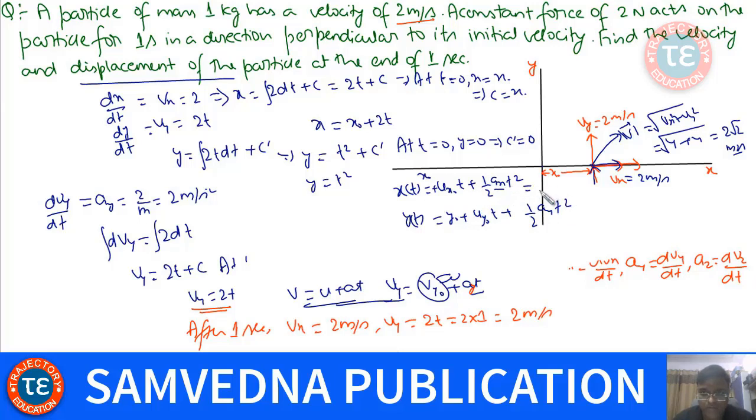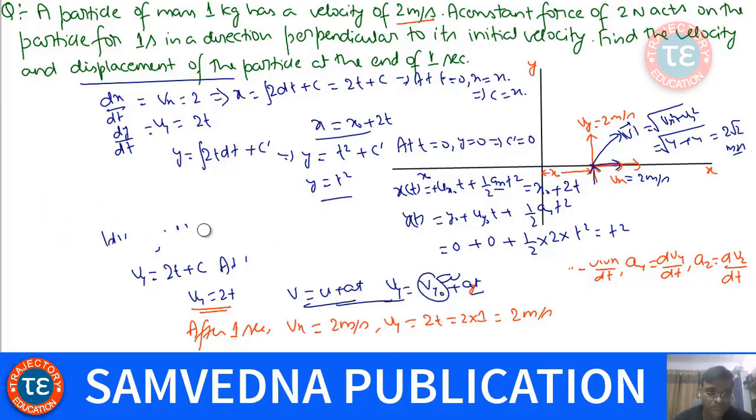So in x direction there is no acceleration, so this will become x naught plus ux naught t, where ux naught is the initial velocity, which is 2. Initially your y naught is 0, uy naught is also 0. So this is half, 2 is the acceleration, it is t square. That's what you have got over here. Get your point? And after 1 second, you can use the formula also, but you must know how you have got this formula.